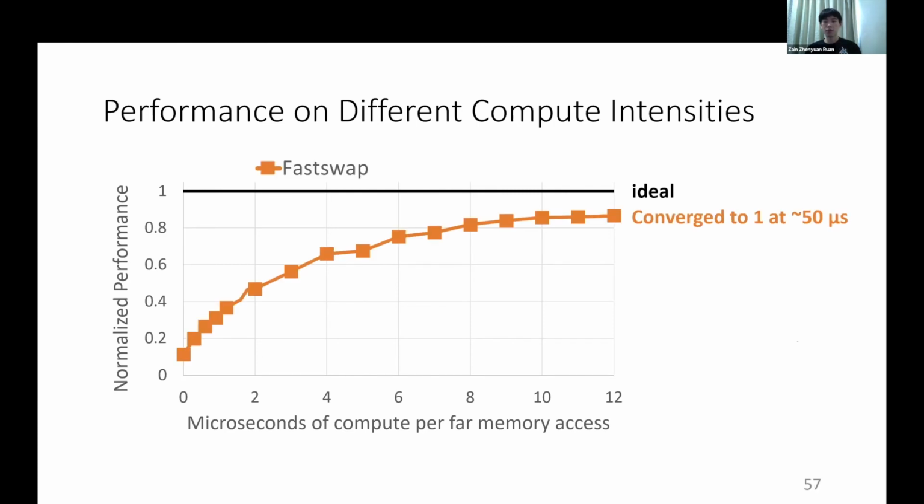The performance of FastSwap increases when the compute intensity increases. That's because the memory access time becomes less significant when the computation is more intensive. It requires about 50 microseconds of compute per file access in order to achieve ideal performance. 50 microseconds is too large to be shown in this figure.